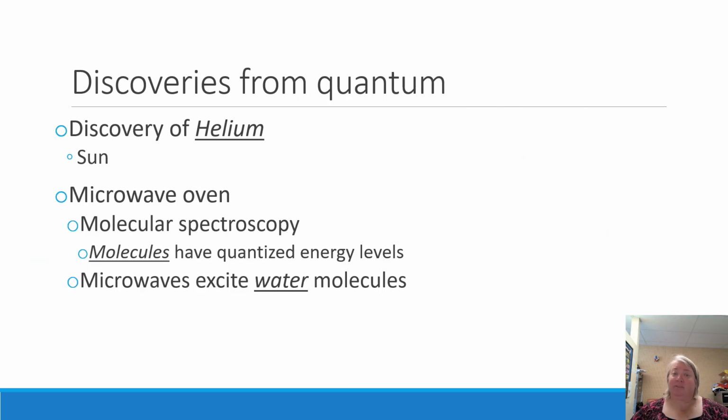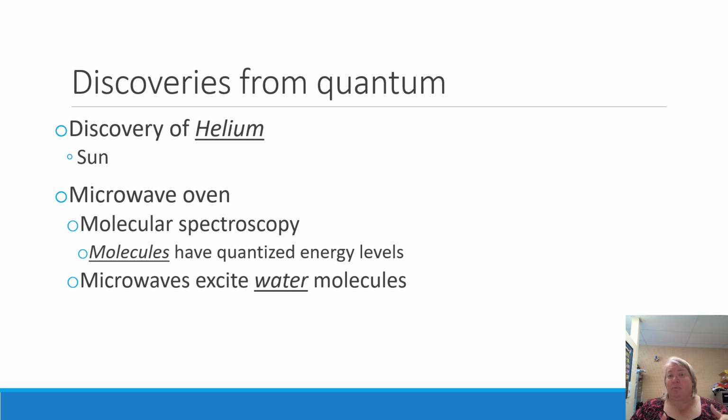The first thing is the element helium. So helium is a noble gas. It actually took a long time for it to be discovered. It wasn't discovered until 1863. Now, how it was discovered is scientists were taking spectra of light sources. So remember, we saw that with hydrogen, you get a certain spectra. Well, if you take a spectra of a certain light source, you can actually figure out what elements are involved.